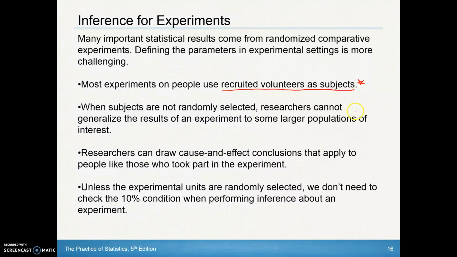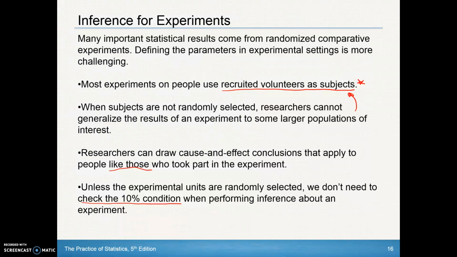The results we would get, we couldn't generalize to the population, but we could say something about the difference between those two samples. Researchers can draw cause and effect conclusions that apply to people like those who took part in the experiment. Unless the experimental units are randomly selected, we don't need to check the 10% condition when performing inference about an experiment.